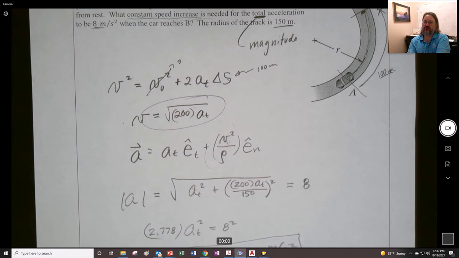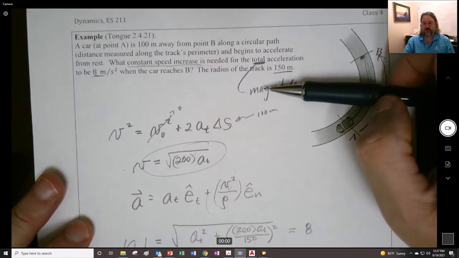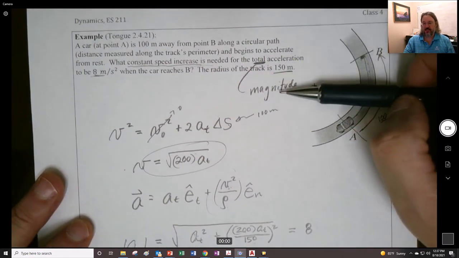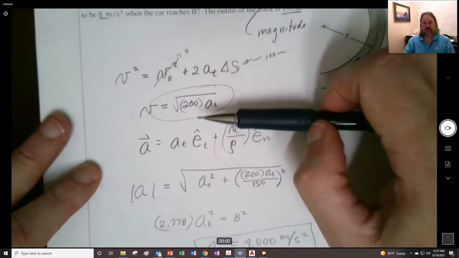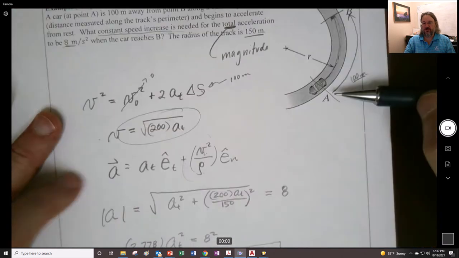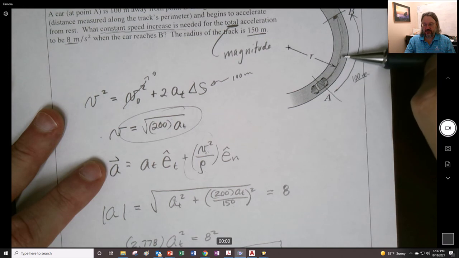What troubles most students is they'll start looking through the book or the notes for which equation to use, and that's almost what I hear all the time. I didn't know which equation to use. You need to start thinking of it as which concepts to apply. Certainly there are equations that go along with those concepts, but when you read these word problems, the total acceleration being the magnitude would be a key. Then start putting down what you know: this is an arc length, and the velocity is always tangent to the path.